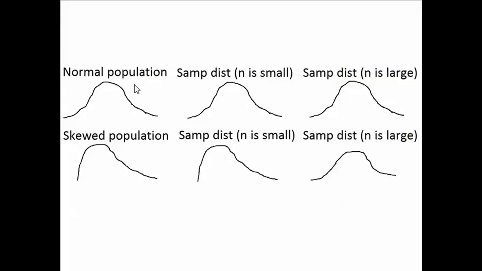So overall, when the population is normal, the sampling distribution is always normal, regardless of the sample size, and when the population is skewed, the sampling distribution is skewed, just like the population, when the sample size is small, but the sampling distribution of sample means is roughly normal when the sample size is generally 30 or larger.